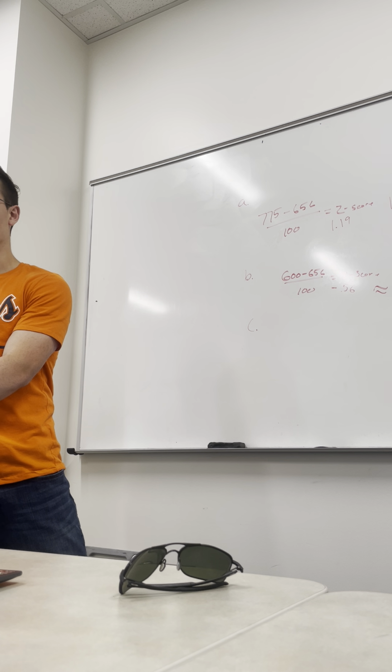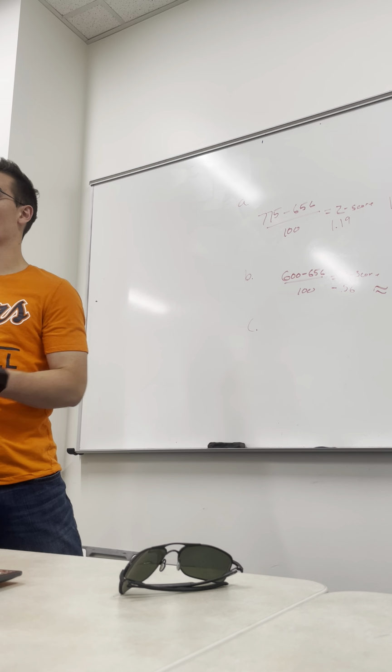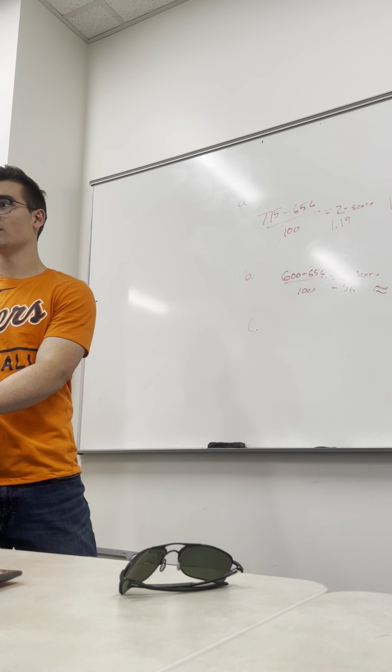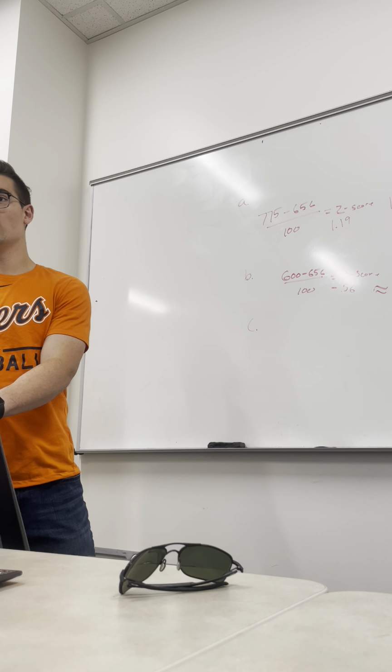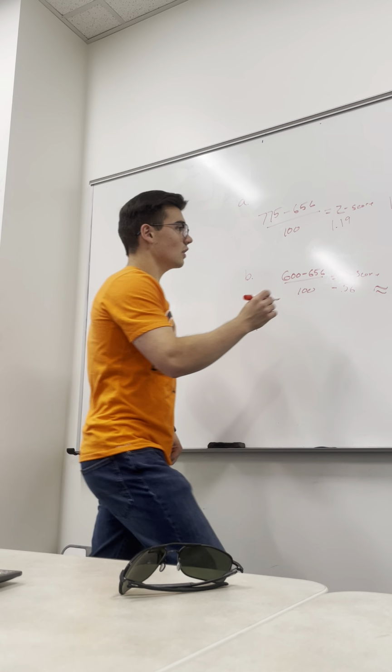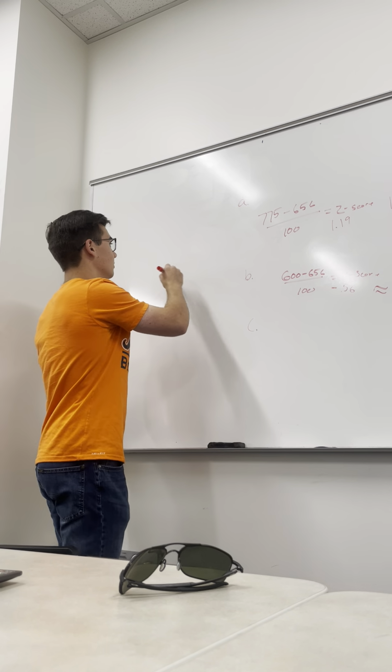And then part B uses less. What percentage uses less? Would it be 1 minus 0.2877? No, because if we look at the distribution here, this is the mean, this is 656.